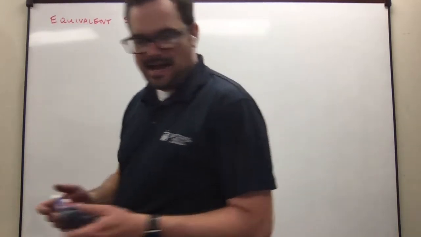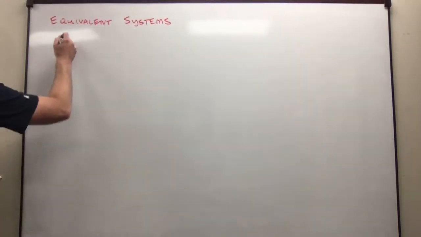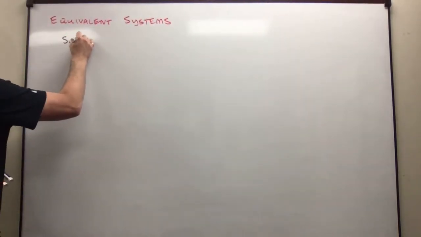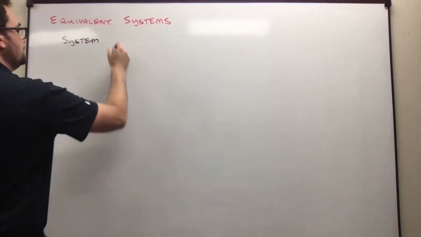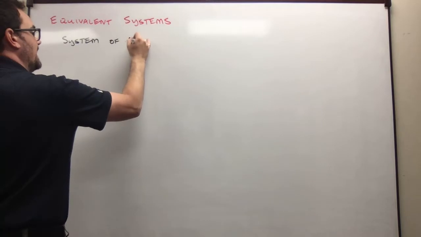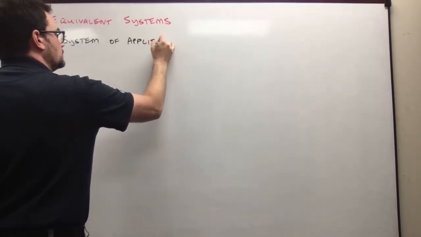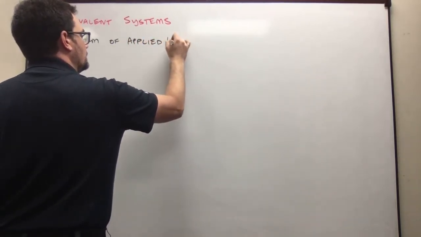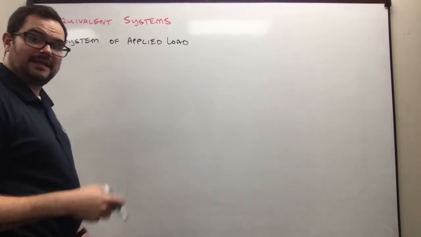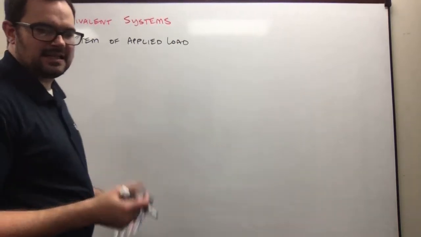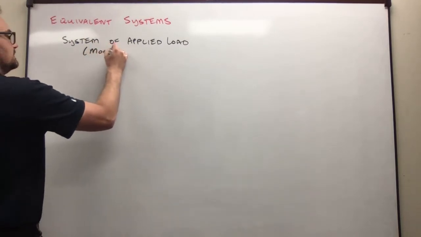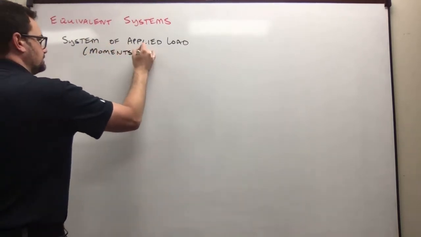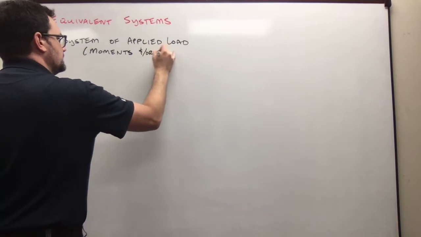So the idea of an equivalent system is a system of applied loads. So we're not talking about reactions right now. We're talking about all the push and pull that might be acting on the body that we need to be able to synthesize or summarize and then resist. This could include both applied moments and/or forces.